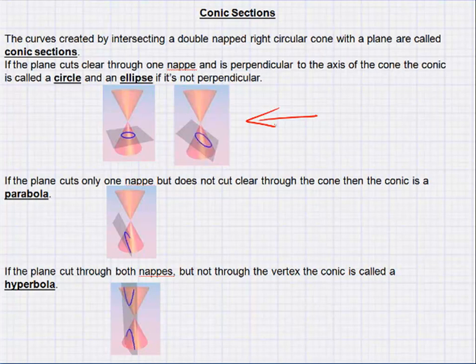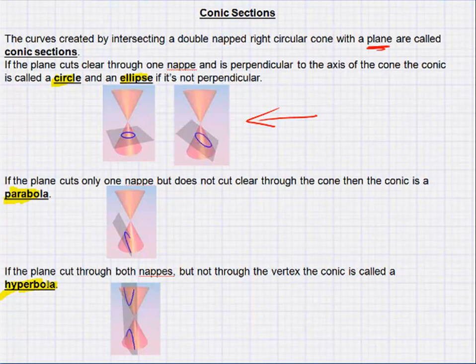When we look at these cones that are inverted on top of one another and we intersect them with a plane, we get a couple of different cross sections, which gives us the four primary conic sections. The four primary conic sections are circles, ellipses, parabolas, and hyperbolas.